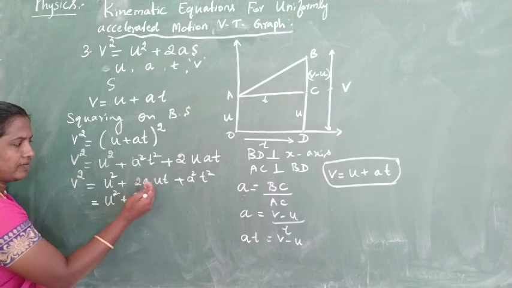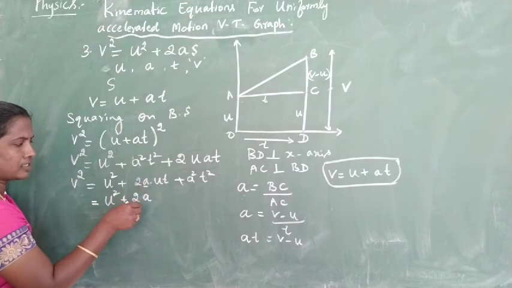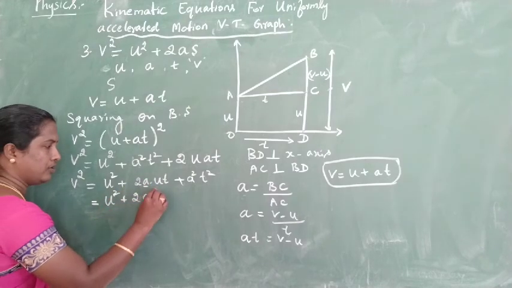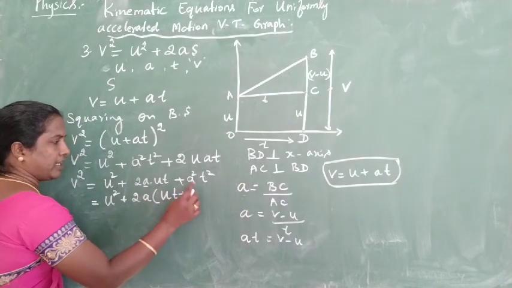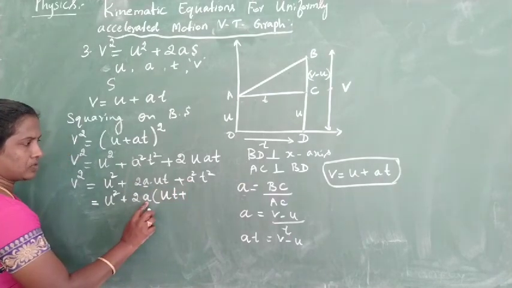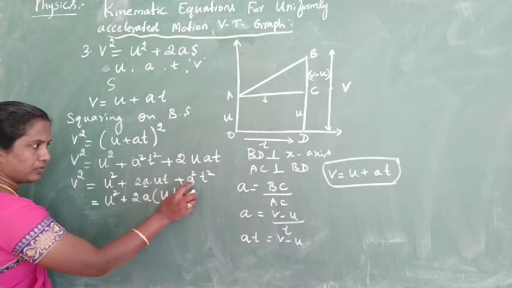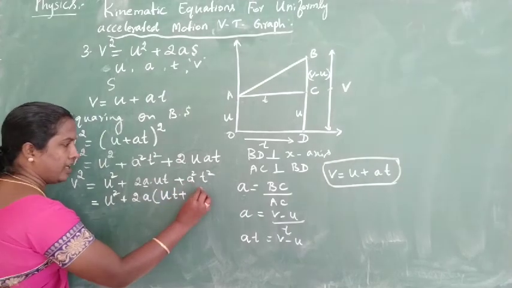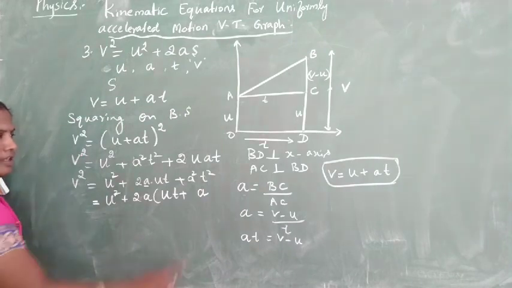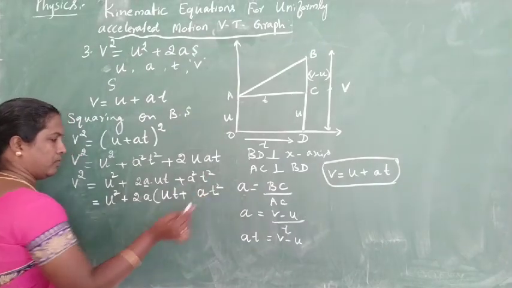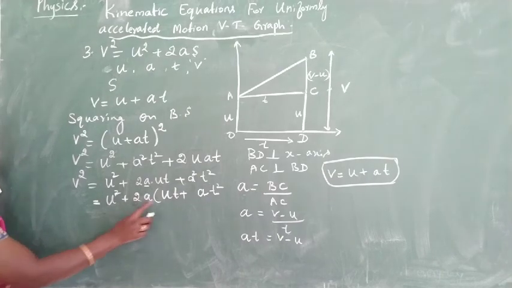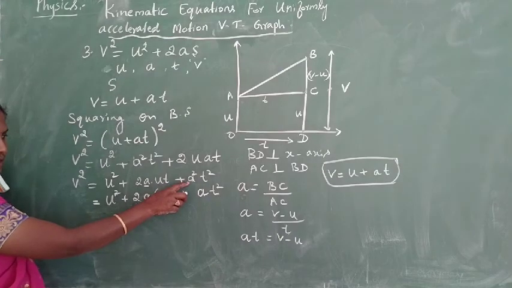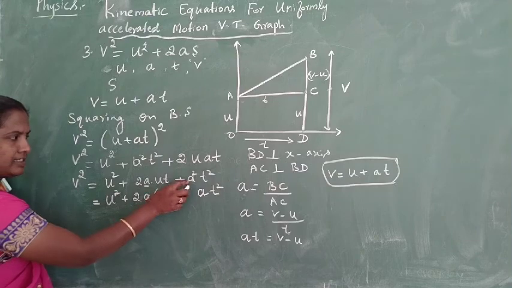If in this term we take 2a outside, the term left out is ut. Now in this term only a comes outside. Out of a square, one a comes outside and the remaining a is left, then t square. Since we have taken 2 outside as a common term, but here there is no 2, in order to balance it I can write the 2 in this place.